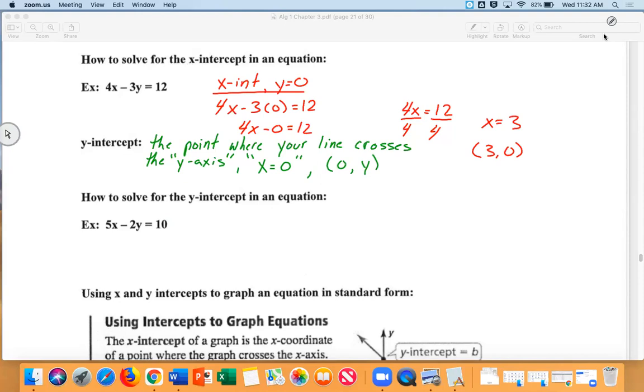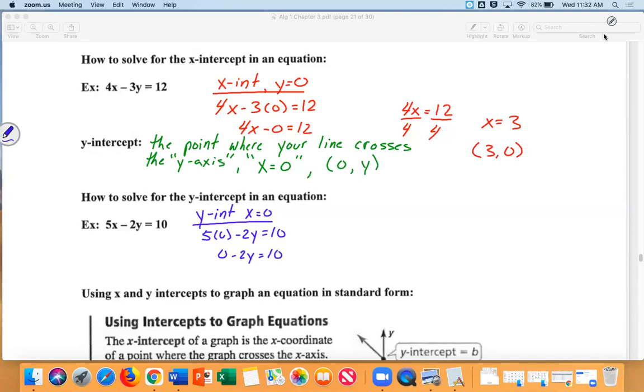So how do we solve for the y-intercept of an equation? Well, the y-intercept is when x is 0. So I'm going to replace x with 0. So I have 5 times 0 minus 2y equals 10. 5 times 0 is? So this becomes 0 minus 2y.